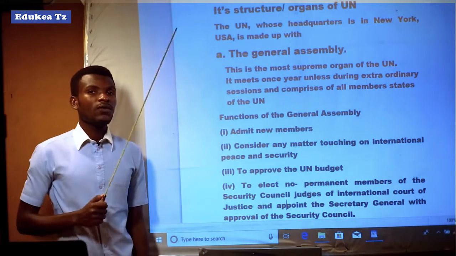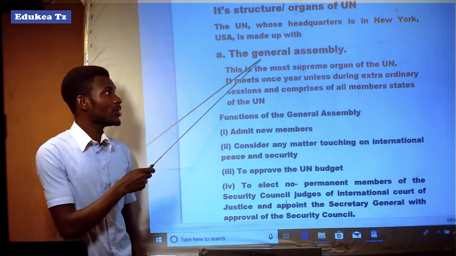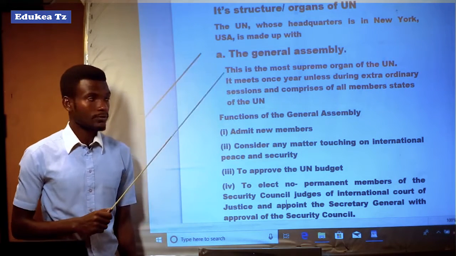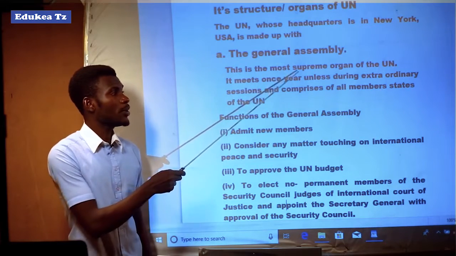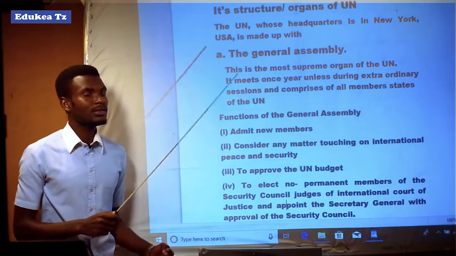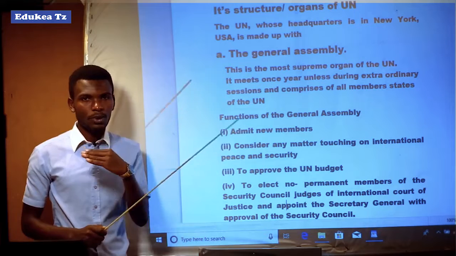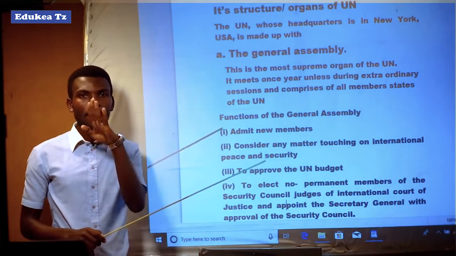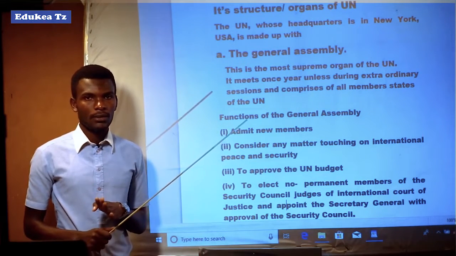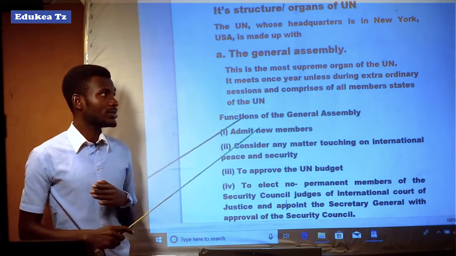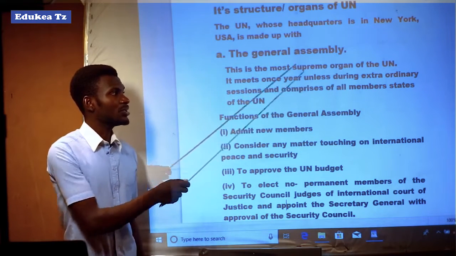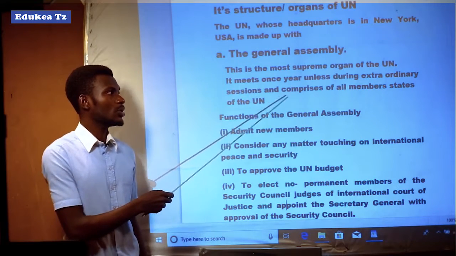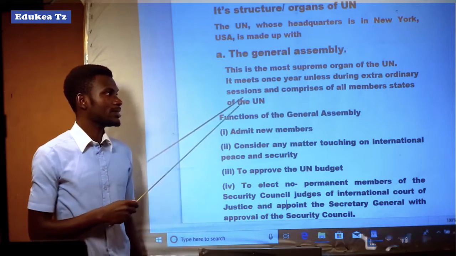The first organ of the UN is the General Assembly. The General Assembly is the most supreme organ of the UN. It is the organ that has the most power in the organization. It meets once a year unless during extraordinary sessions, and is comprised of all member states of the UN.